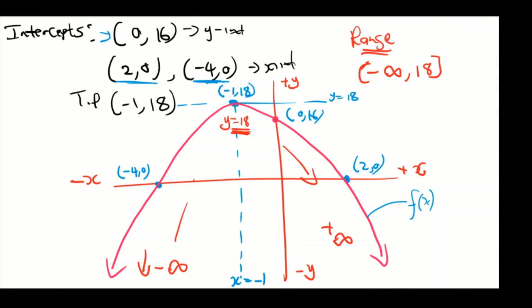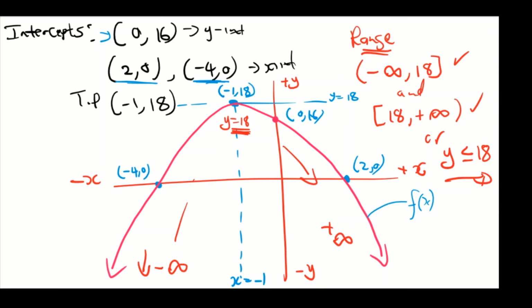The infinity side is not inclusive, it's just a smooth bracket like that. You can simply write it like this, or you can simply write y is less than or equal to 18. So these are just two ways to write your range.